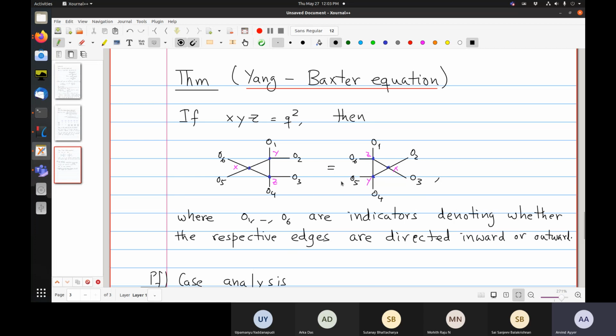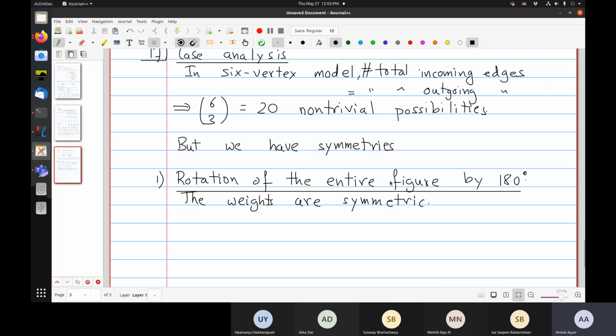So the only thing it does is take O1 to O4 and vice versa, O2 to O5, O3 to O6. So this has the sole effect of Oi going to O(i+3) mod 6. Right? So that's one symmetry.